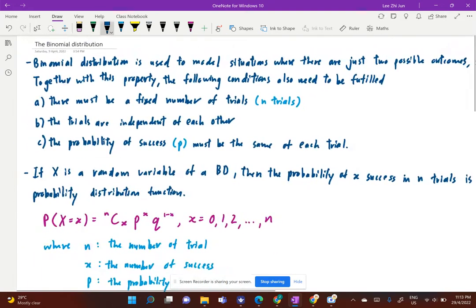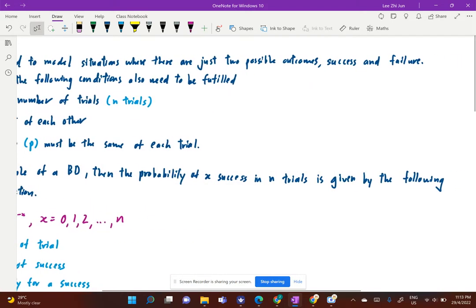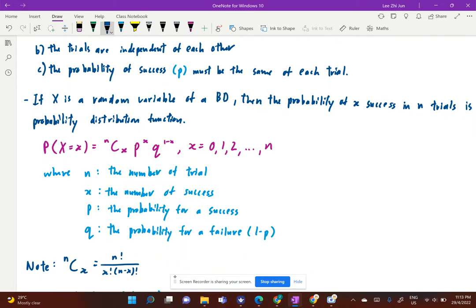Then the probability of x successes in n trials is given by the following probability distribution function. So nCx, p power of x, q power of n minus x. Where n is the number of trials, x is the number of successes, p is the probability of success, and q is the probability of failure.